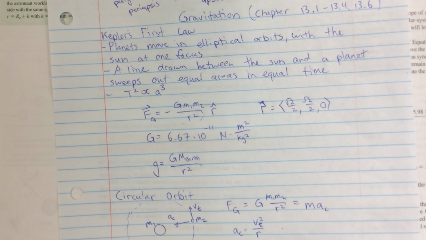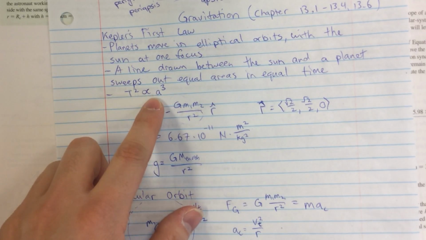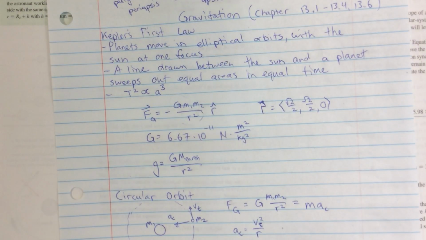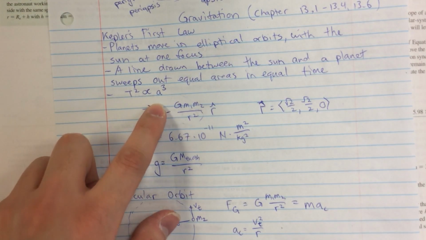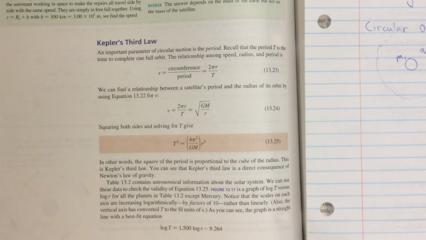So if I double my radius, I get the square root of 8 times as much period. It's a little weird, right? But you take the 2, you cube it, and then you take the square root. That's 2 root 2.